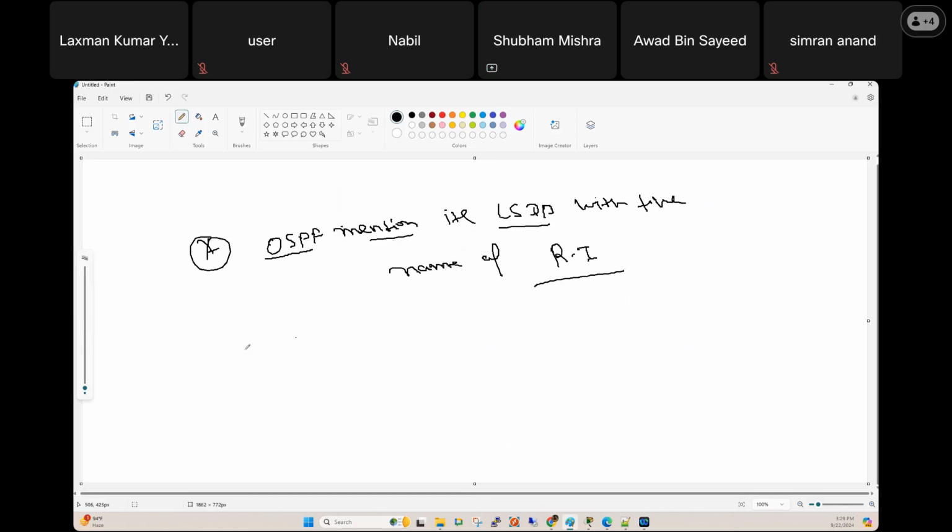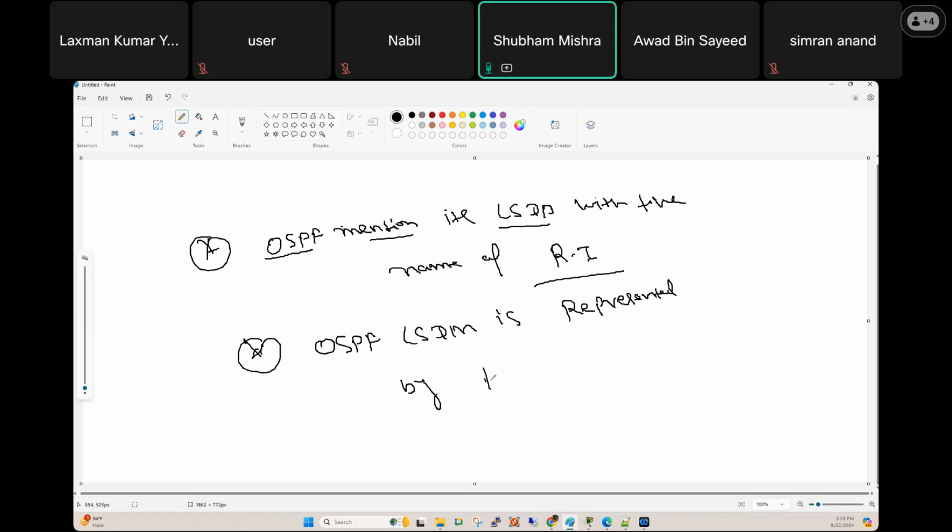Or you can say OSPF LSDB is represented by router ID. Getting my point, everyone? Yes or no? Understand? So, for example, this is R1.